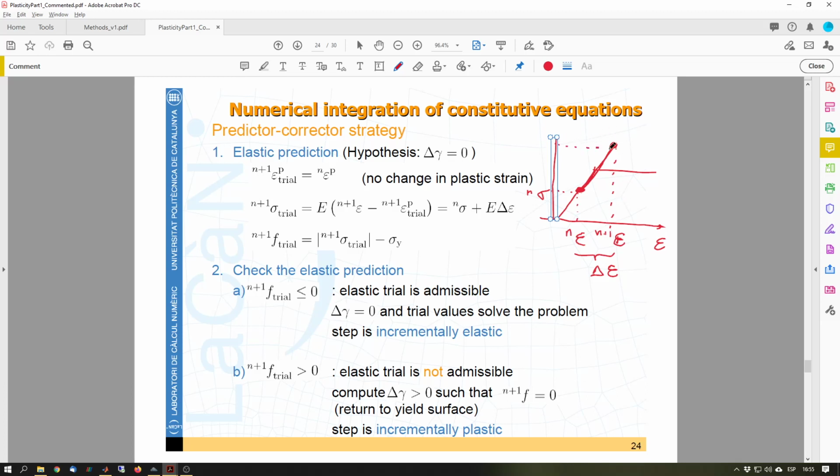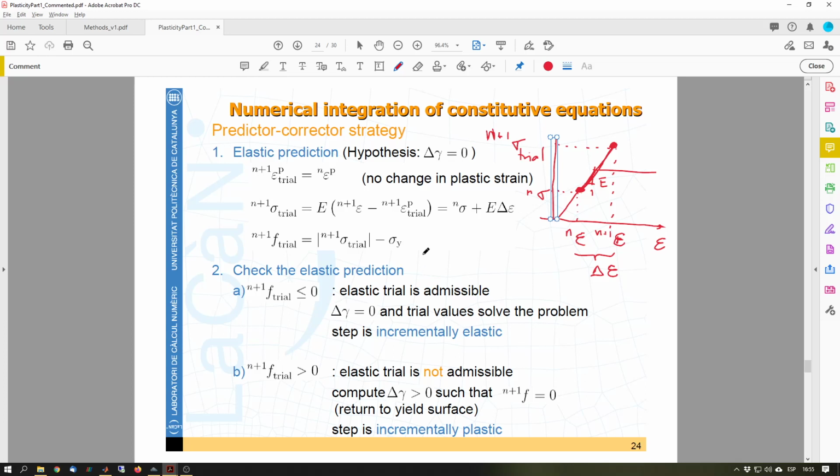What we are assuming here is that my stresses go linearly with a slope of E. This is the assumption. We predict and we assume linearity, so the plastic strain trial is equal to the previous one that I had.